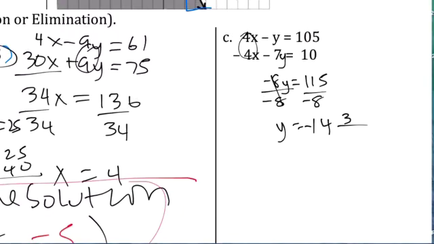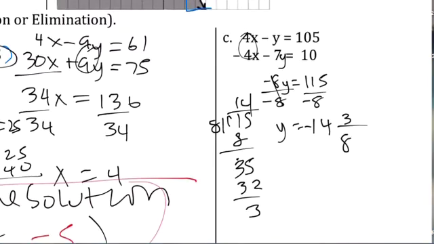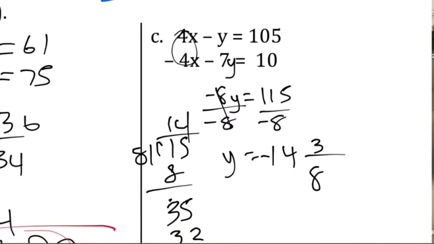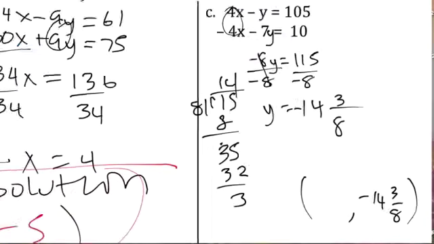I'm doing 115 divided by 8, goes into 1 times. 35 is 4, 32, remainder 3 over 8. Okay, we need to find x. Y is negative 14 and 3/8. We need to find x.